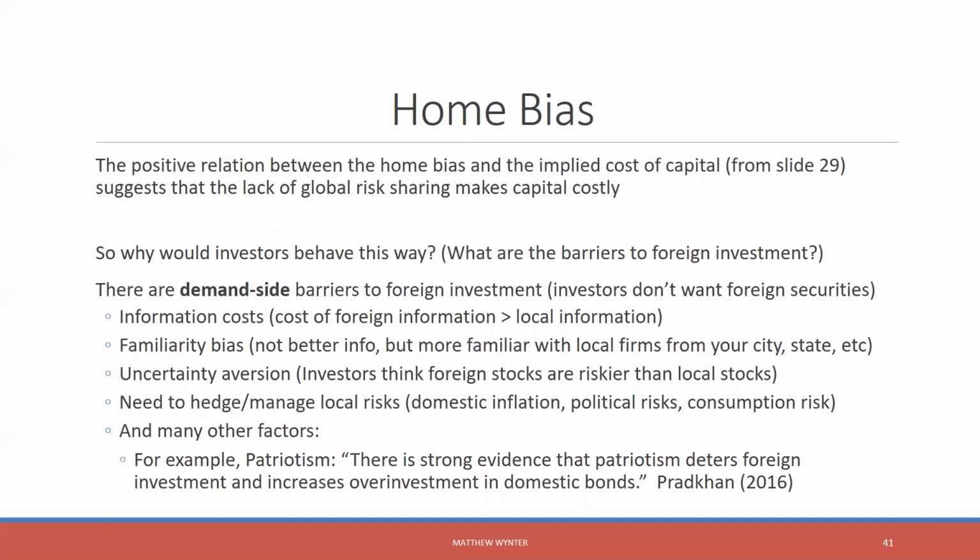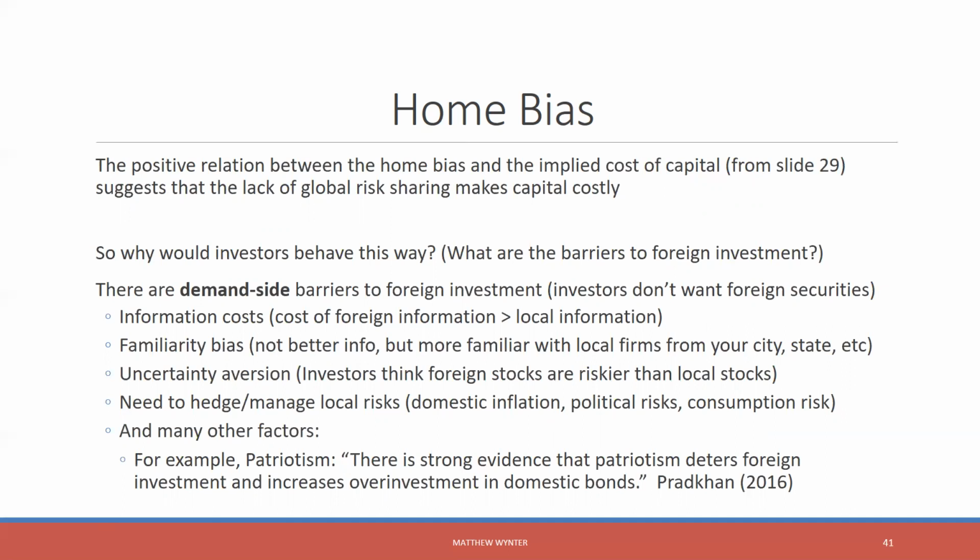The next one is uncertainty aversion. Here, it's not that investors have better information, and it's not that investors are more familiar. It's that investors think of foreign stocks as being riskier than local stocks. So you can think of this as investors thinking that a foreign stock has a higher volatility than the local stock.